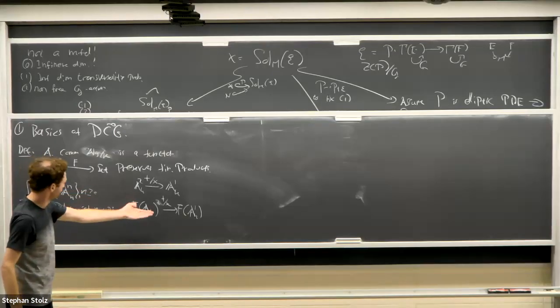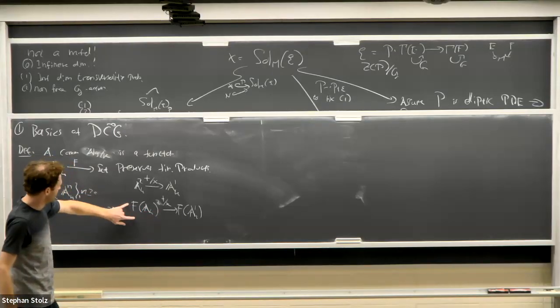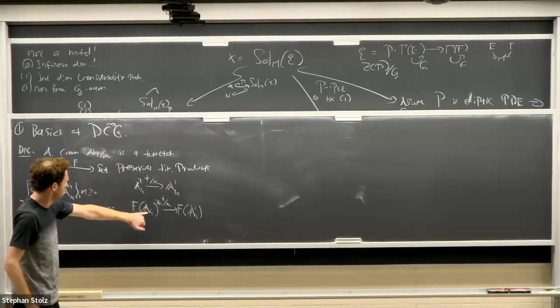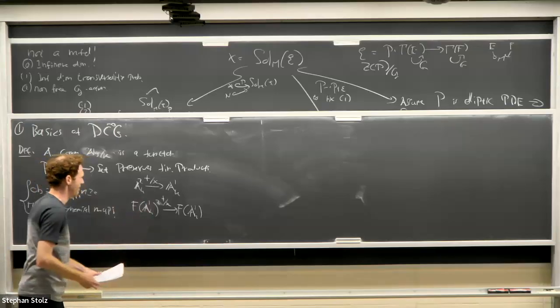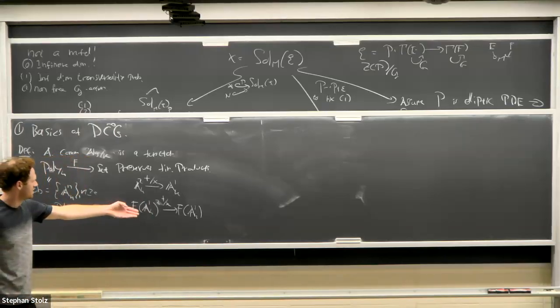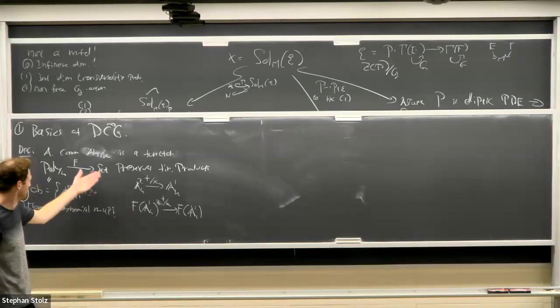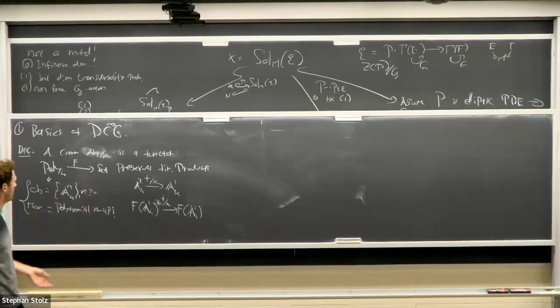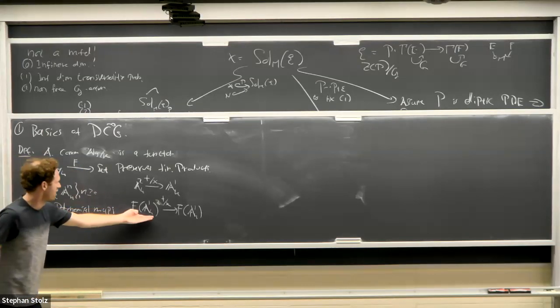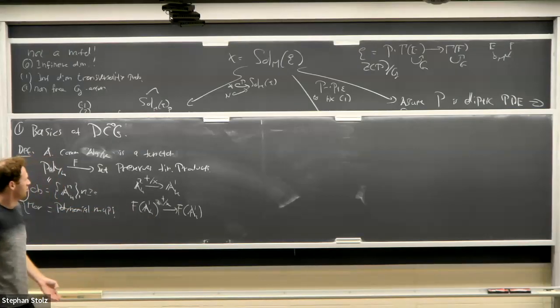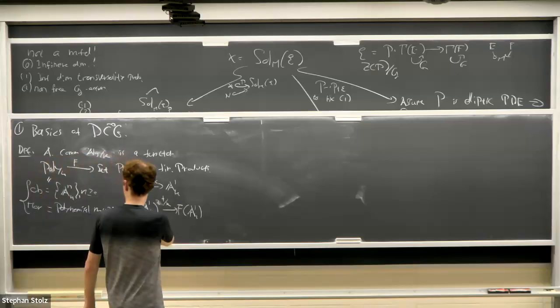Functoriality tells me that the image of A^1 under F has a commutative and associative multiplication and addition. Similarly, there is a unit, and sending F to F of A^1 with this structure of commutative algebra is an equivalence of categories.